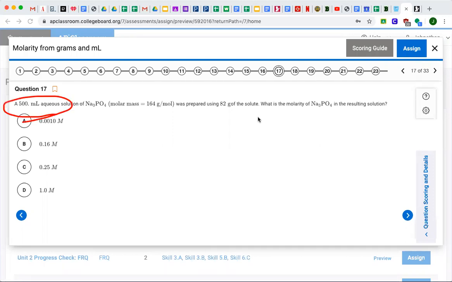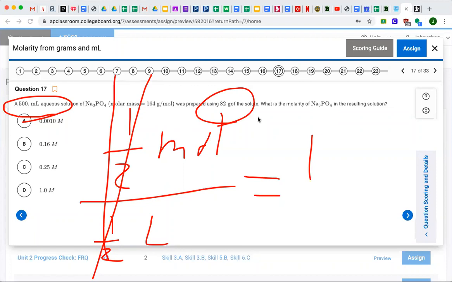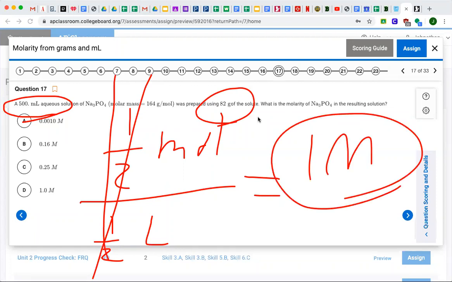Yep, so half a liter and half a mole. So 1/2 mole per 1/2 liter equals... It seems most convenient to me. I like to deal with whole liters anyway, so I was going to double everything. Doing that, you get 1 mole per 1 liter, which is just 1.0 molar. Yep, 1 molar.